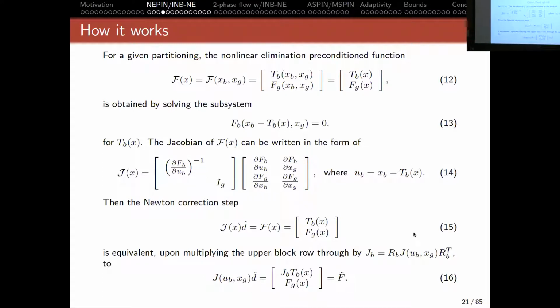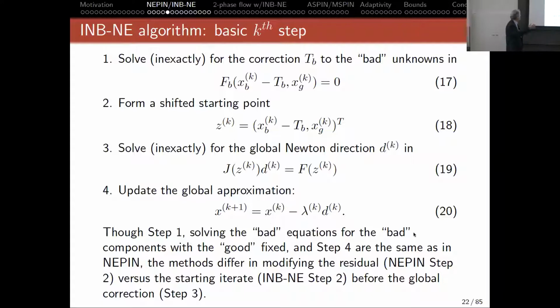And since this is a particularly simple form, we can just multiply through by this upper block and clear this inverse, and we end up with the original Jacobian and just a scaled right-hand side. So very simple. And the pieces you need are already in your code.